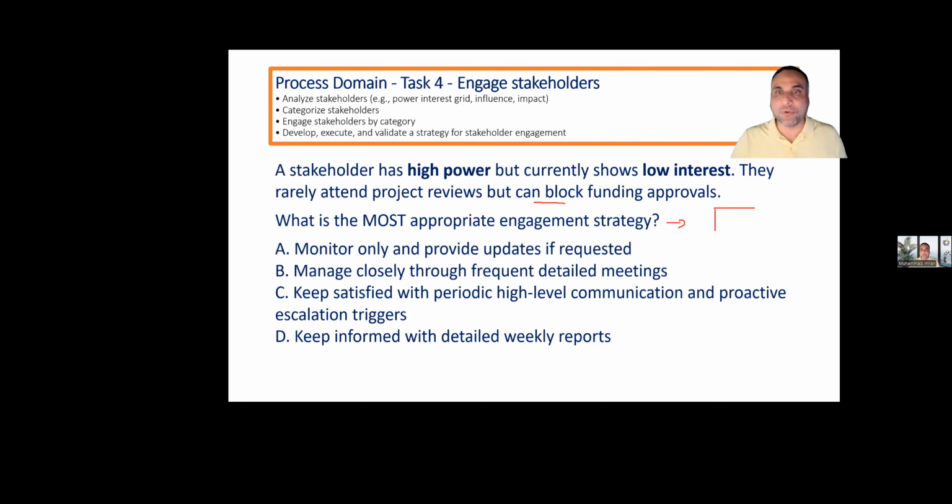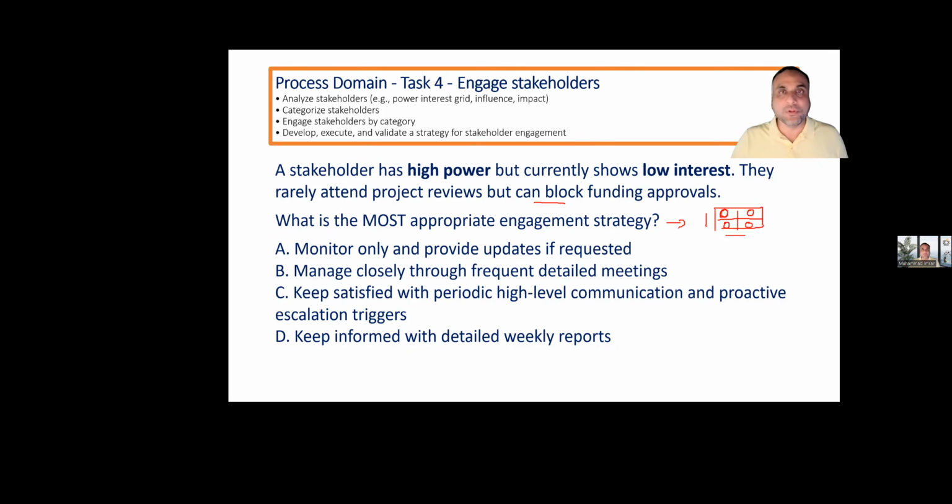If you remember the power interest grid, on this side I have interest, on this side I have power. So it means they have high power but low interest. This is high power, high interest, this is low power, low interest, and this is low power, high interest.